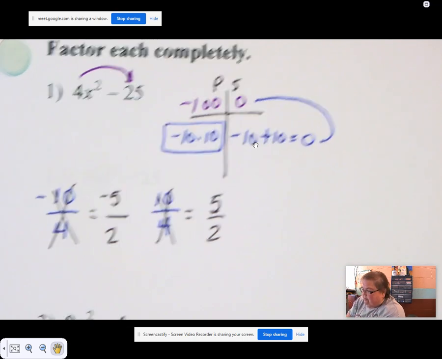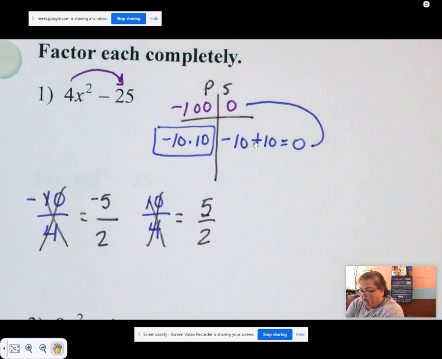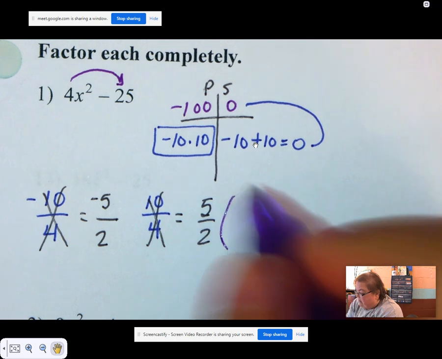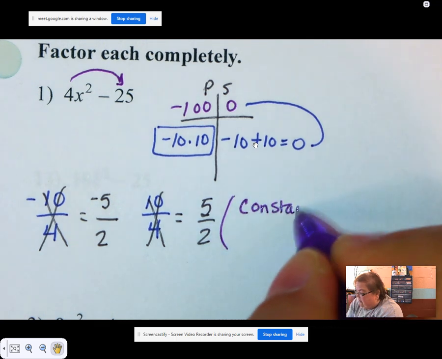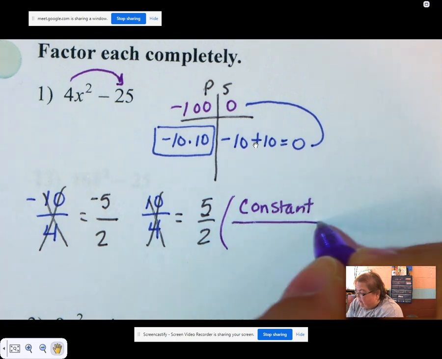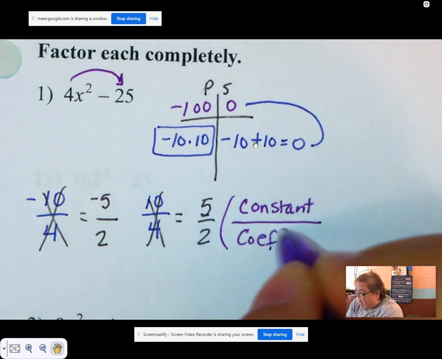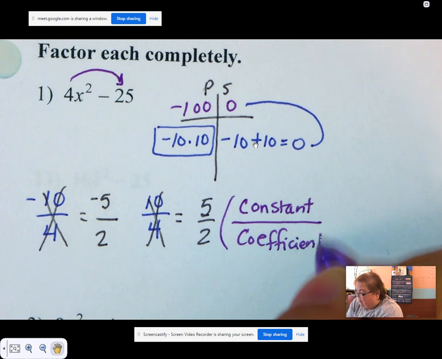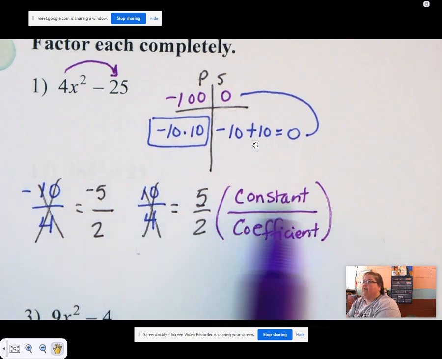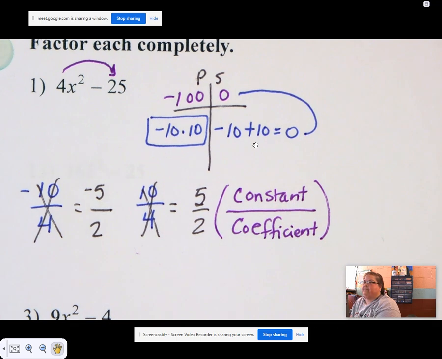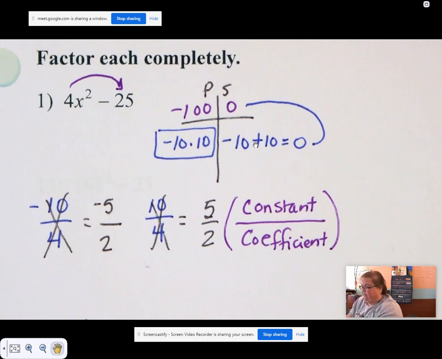As a reminder, when we have our fractions, what we have found is the constant over the coefficient. Just as a little reminder, my fractions here are the constant over the coefficient. Okay?